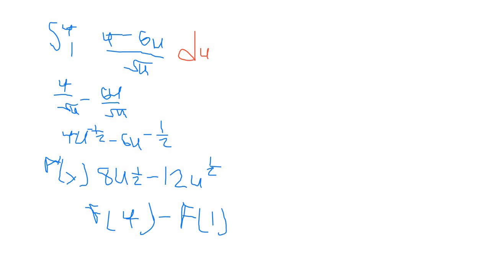So 8 times 4 to the half, that's 8 times 2, which is 16, minus 12 times 2 is 24. So f of 4 is negative 8. And for the other one, 8 minus 12, that's negative 4. So negative 8 minus negative 4, sorry, 8 minus negative 4 is 12.